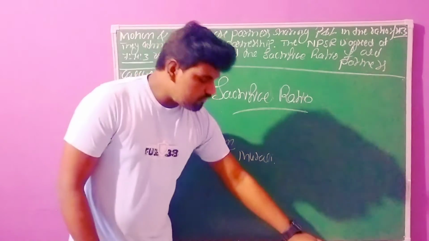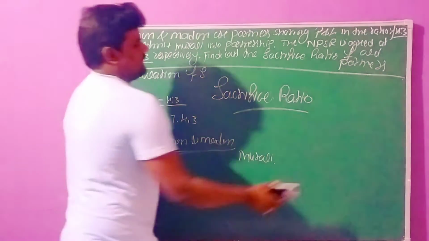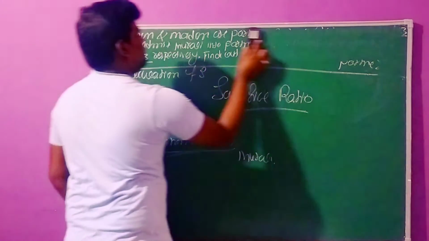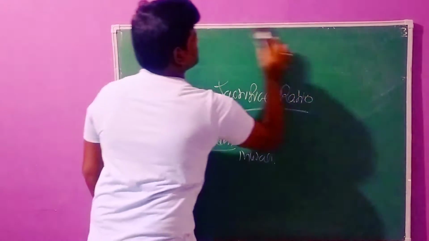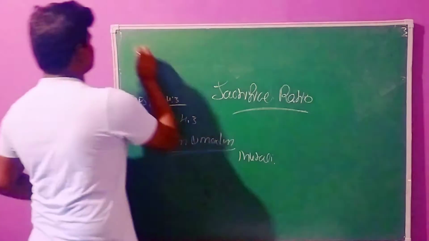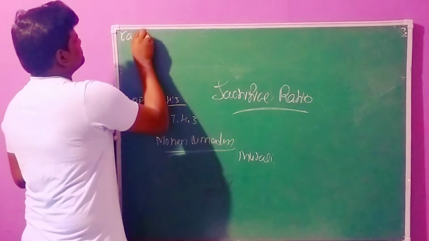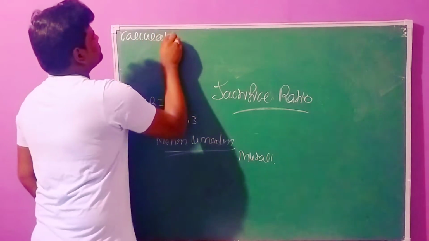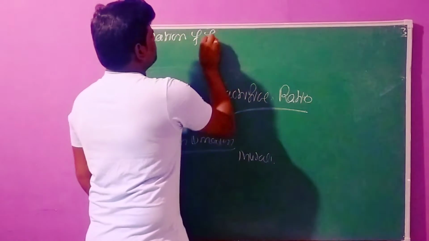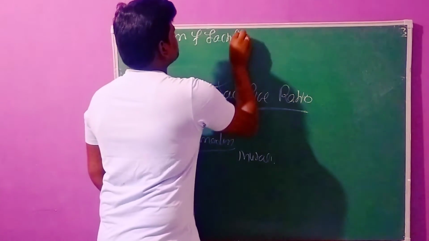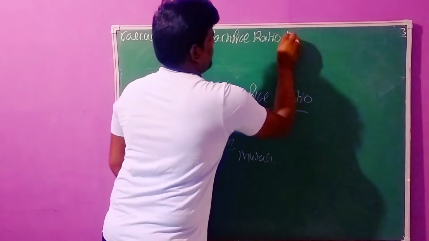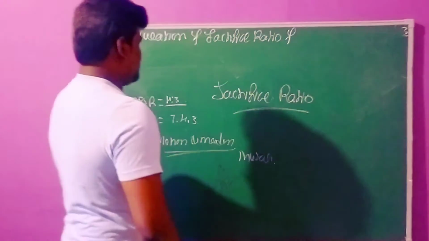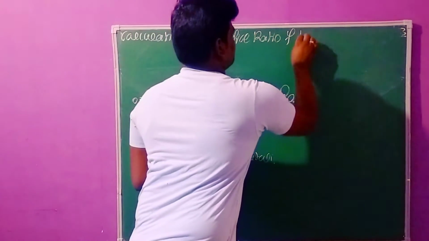So first we need to take a headline. The headline: calculation of sacrifice ratio, or share of Mohan and Madan.